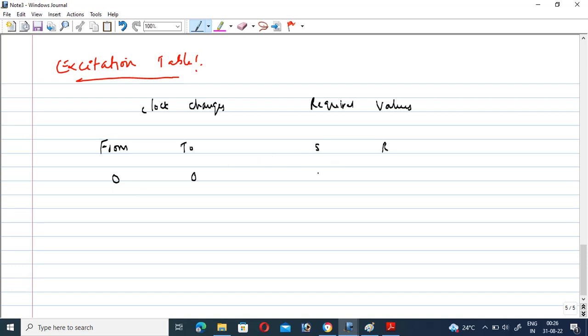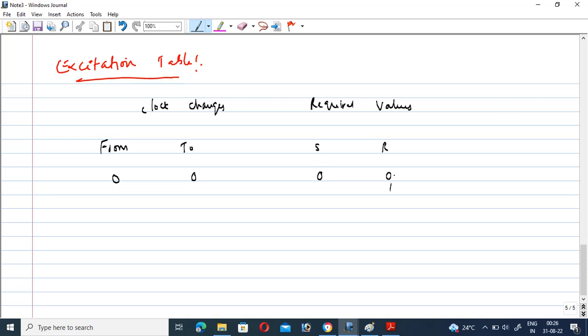So 0 to 0 means the same value. When S value is 0, it is nothing but a reset condition, at that time output is also 0. Moreover, R value is also 0, which is nothing but 0 0, a memory state which maintains the same value. Or else if the R value is 1, that is a 0 1 combination, which is a reset condition.